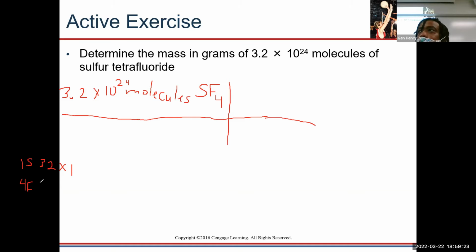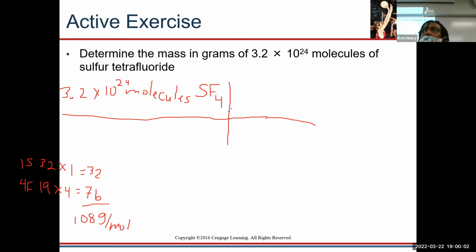Fluorine weighs 19, times 4. What is that? 108 grams per mole.